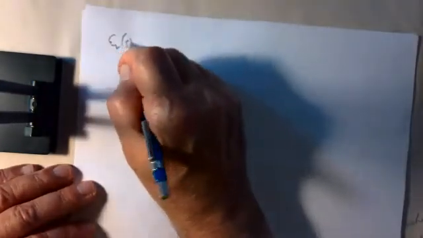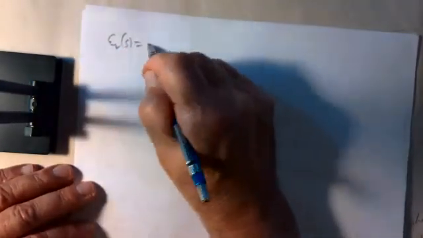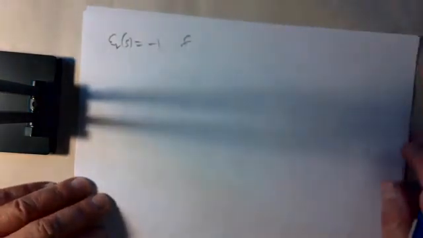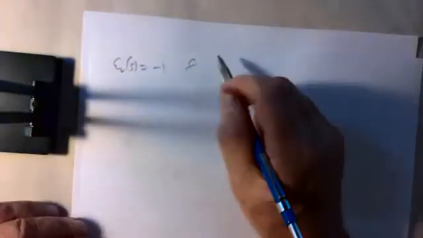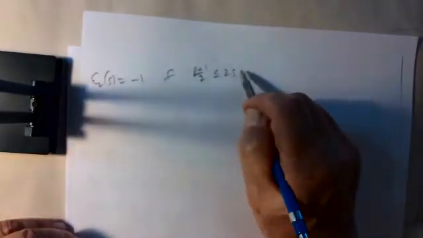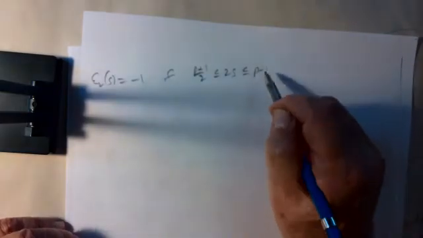So what we have is epsilon sub 2 of s equals minus 1 if (p plus 1)/2 is less than or equal to 2s is less than or equal to p minus 1.